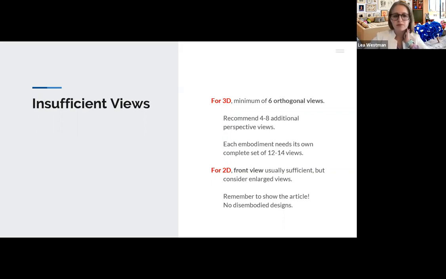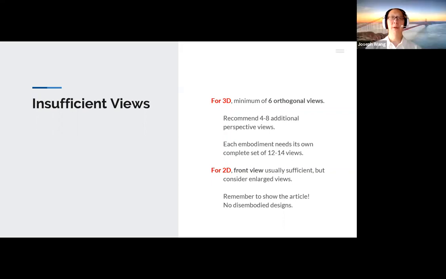In a more thorough situation, you could do 4 perspective views on all 4 corners surrounding the top of the article, and then another set of 4 perspective views at the bottom of the article. And of course, if you do multiple embodiments, each should have its own complete set of drawings. Don't try to overlap or say that one drawing applies to multiple embodiments. You're going to get a problem with your examiner from that.